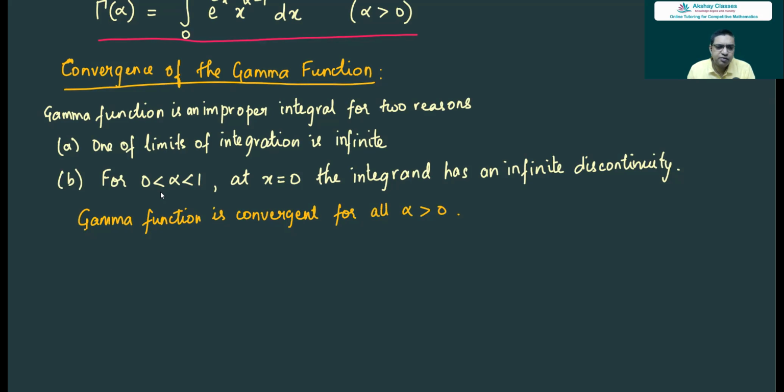It is convergent even for alpha lying between 0 and 1 and alpha greater than 1. This we should know as a very important result. However, from the point of view of GATE, where we have to do problem solving, we don't have to worry about how it is convergent.